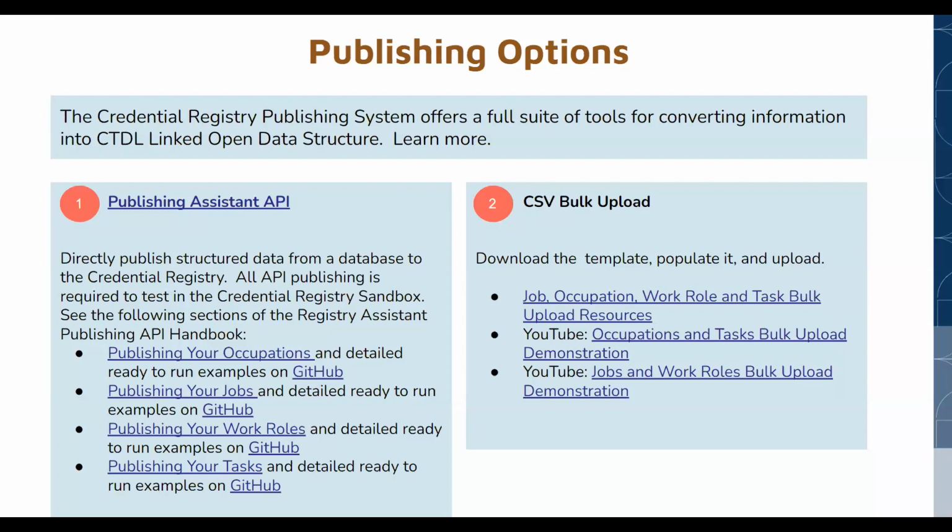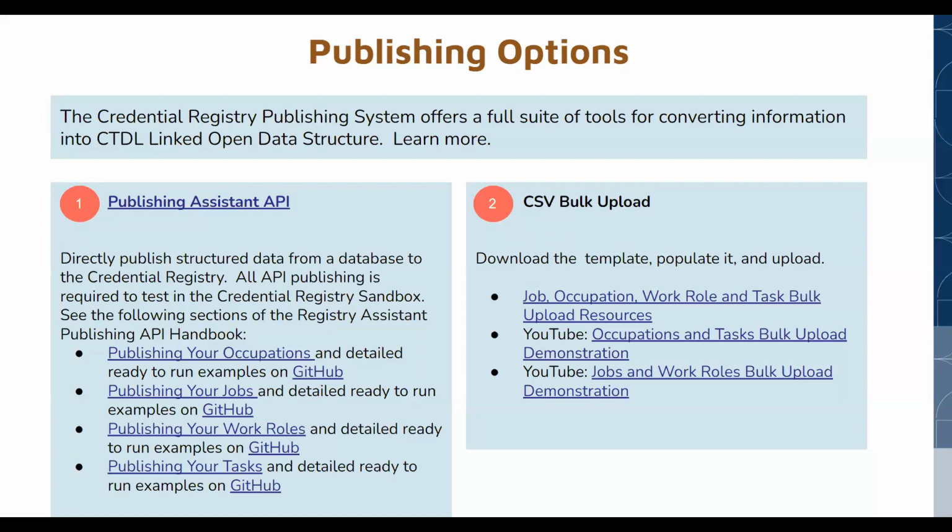And if not, we have our manual publishing system where we offer bulk uploads. So for the API, there'll be links here on credreg.net on how to format occupations, jobs, etc., as well as on GitHub. We try to spend more time on detailed information in GitHub and lighter information in CredReg.